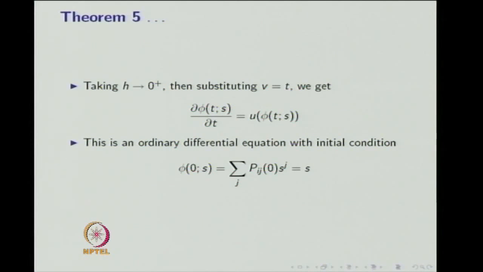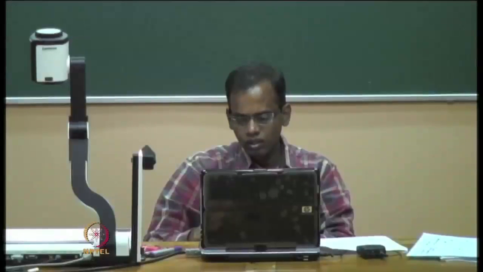This is the ordinary differential equation with the initial condition psi(0, s) equal to s. So in Theorem 5 we conclude the probability generating function satisfies the partial differential equation and the ordinary differential equation with the initial condition psi(0, s) equal to s.